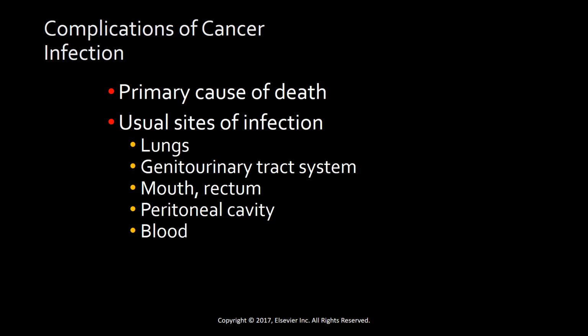The usual sites of infection include the lung, the GU system, the mouth, rectum, peritoneal cavity, and blood, in other words, septicemia. Infection occurs because of the ulcerations and necrosis caused by the tumor compressing vital organs, and neutropenia from the cancer or the cancer treatment.